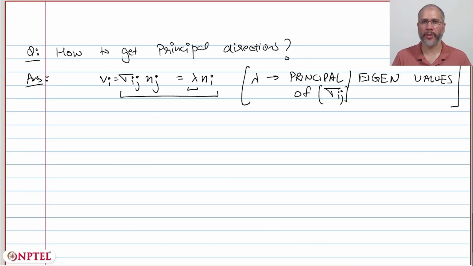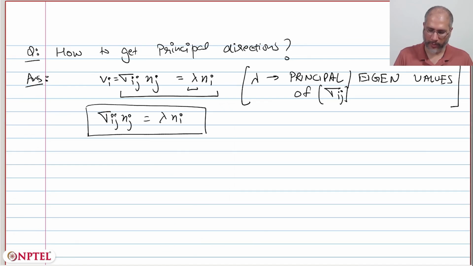It is important to mention that they are properties of sigma ij because otherwise it has no meaning. So this equation, that is sigma ij nj equals lambda times ni, is the equation we are trying to solve now.